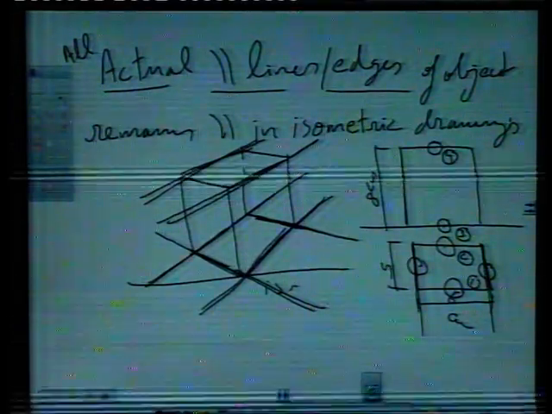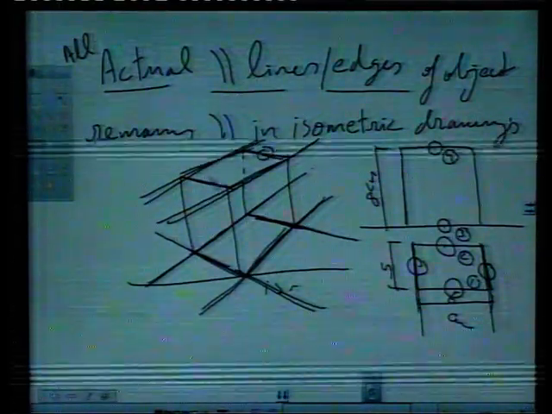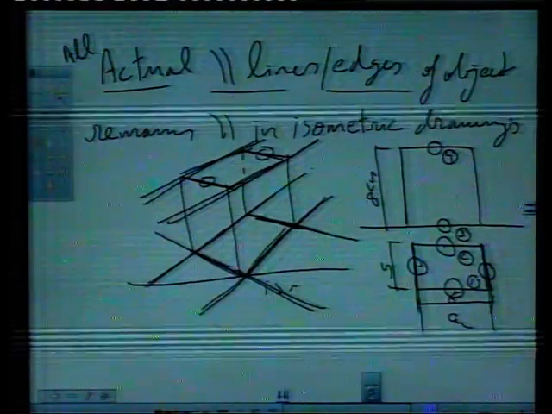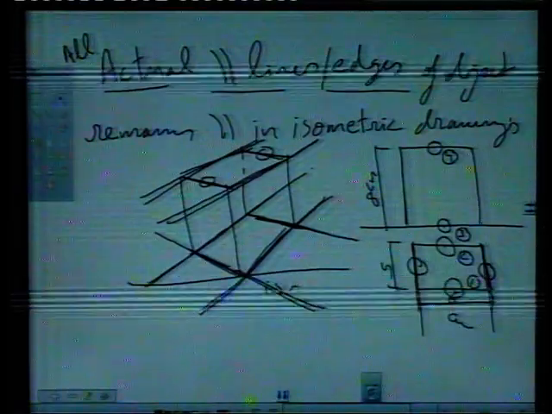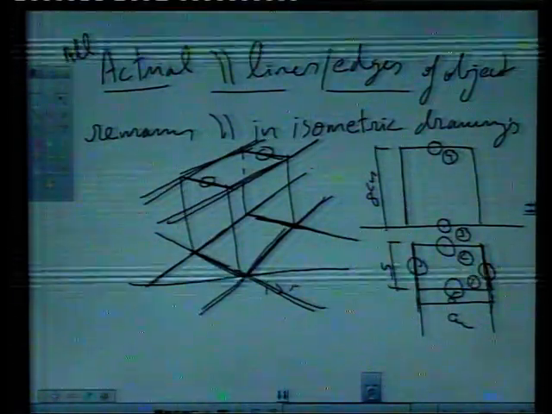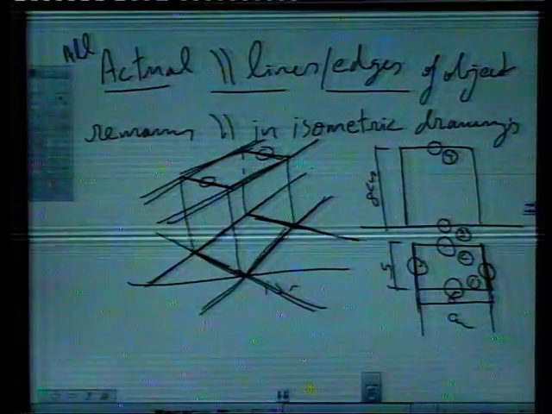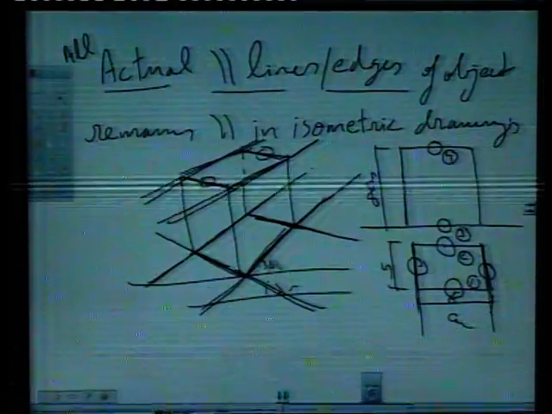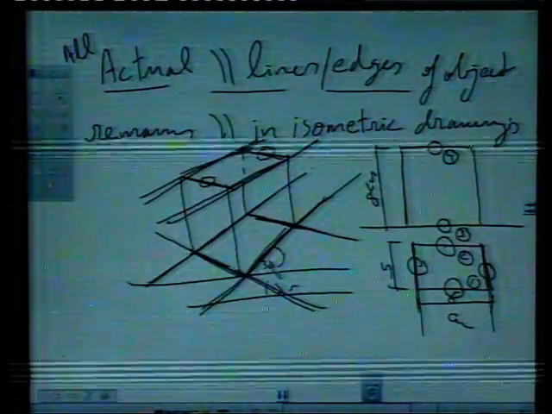Similarly, top lines are parallel. These two lines are parallel. That means all actual parallel lines or edges of the object remain parallel in isometric drawings. All these parallel lines can be drawn at 30-degree angle because this axis is at 30-degree angle. I hope this point is clear.